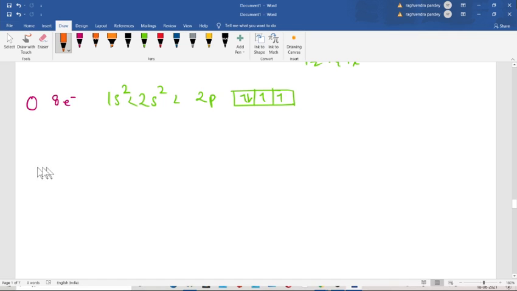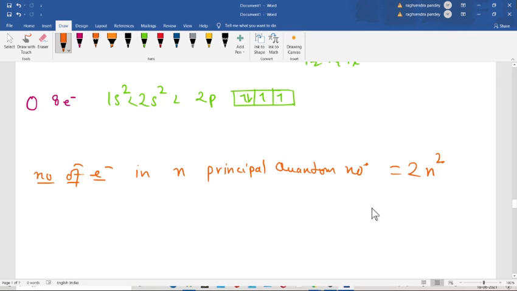The number of electrons in a principal quantum number n is asked many times. It is equal to 2n square.